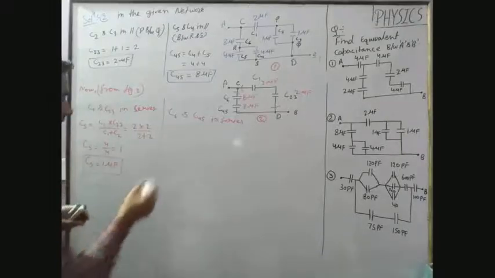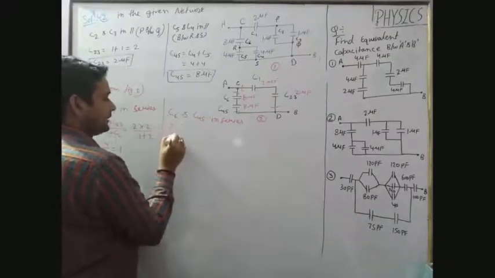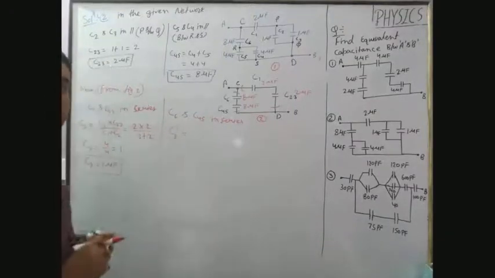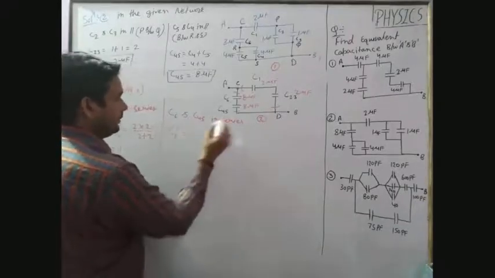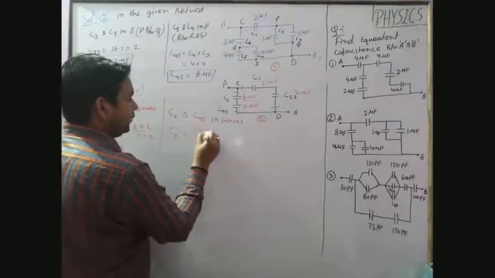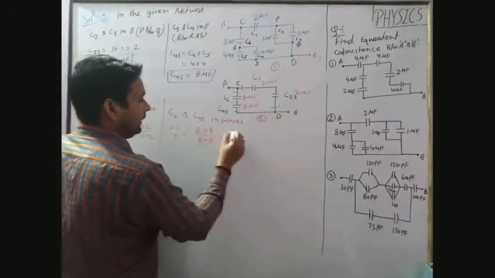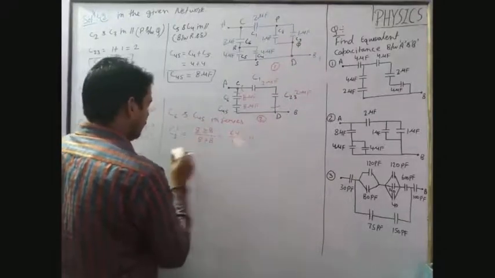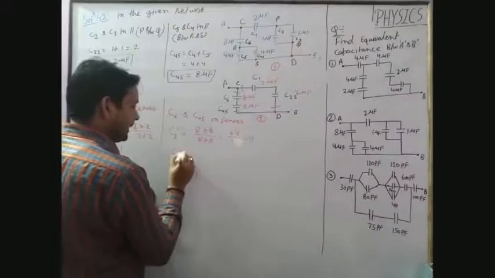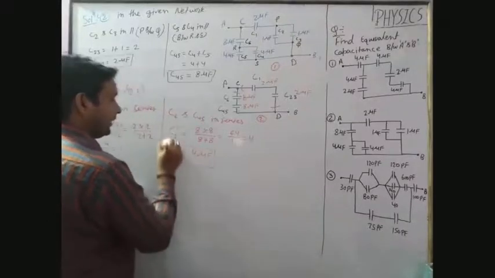microfarad, and for C6 and this in series we calculate CS dash, okay. Now the CS dash is 8 into 8 upon 8 plus 8, which we get is 64 upon 16, which is 4, that is CS dash is 4 microfarad, okay.